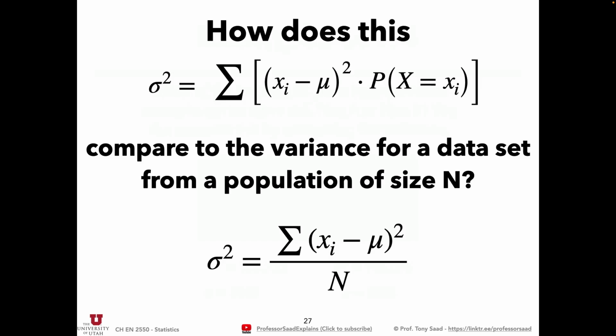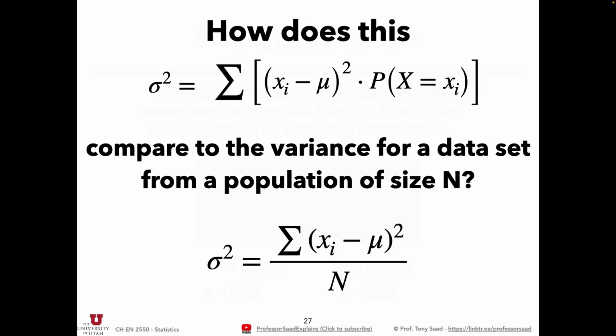Okay, you collected all the data of the population. Everything, all the data points. To compute the variance for that census, you take the sum of all the data points minus mu, the mean of the population, squared, over the total number of subjects in the population.